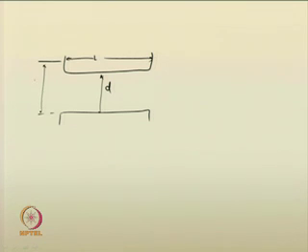Capital H is the headwater depth, and let this here be the tailwater depth YT. Okay. And let the slope of the bed of the culvert be S0. The flow occurs from this direction to this direction.